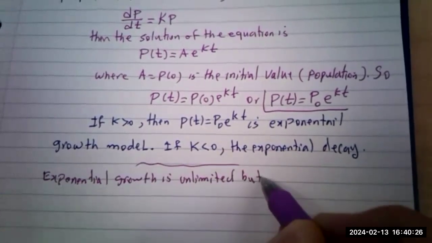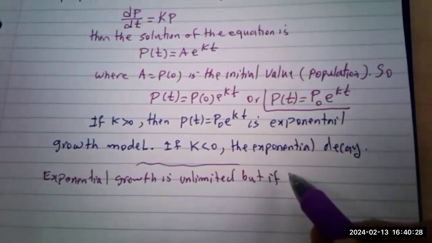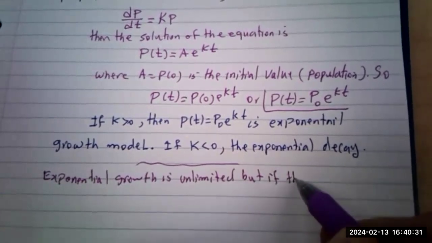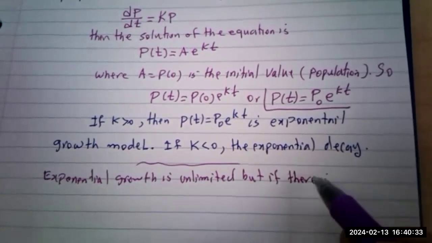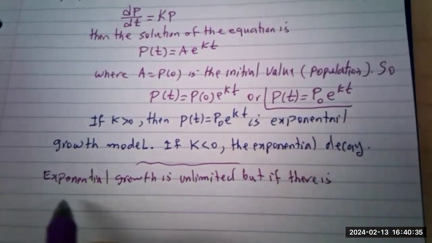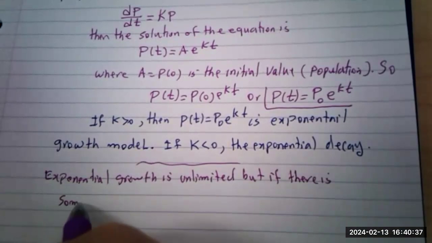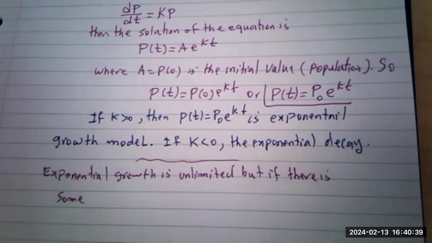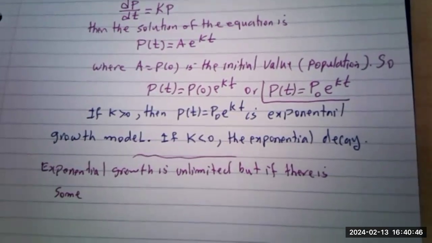But if there is some restriction, you look at your facilities. So I can have up to 1 million people in my place. That's the restriction you're going to think about.